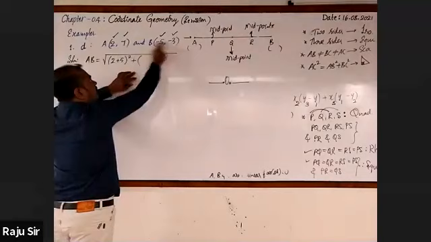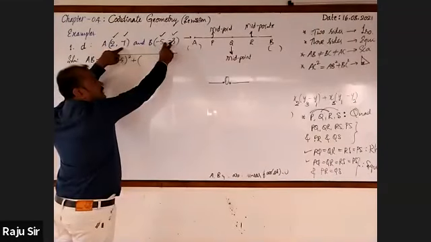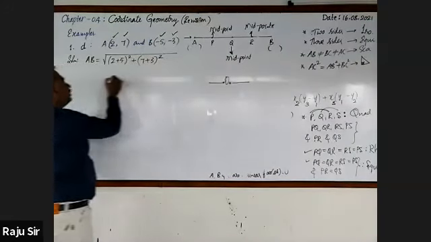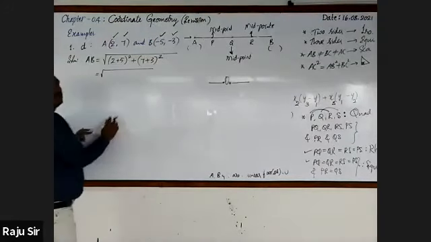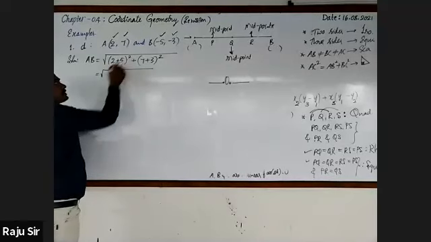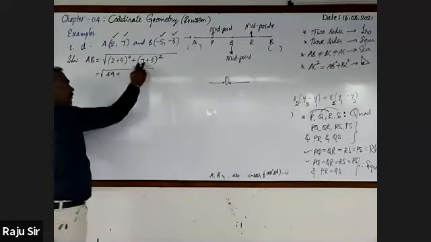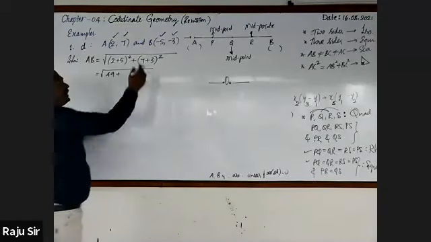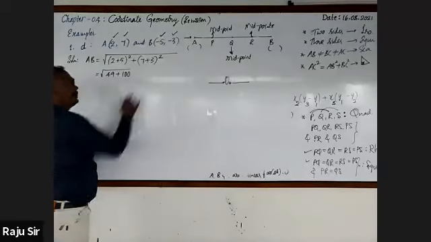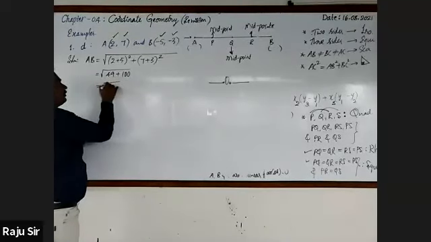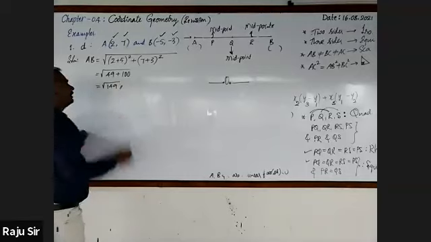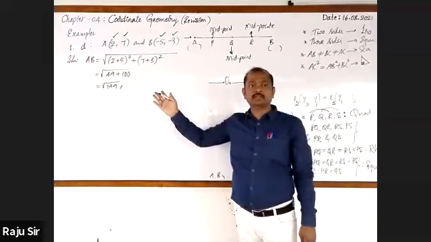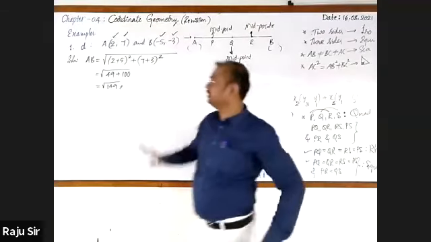Then y1 minus y2: 7 minus of minus 3, plus 3. So (2 plus 5) whole square plus (7 plus 3) whole square. 7 square is 49. 7 plus 3 is 10. 10 square is 100. It is the square root of 149. Further simplification, is it possible? No. So you may write only this.